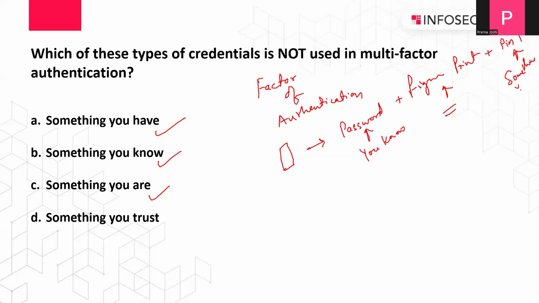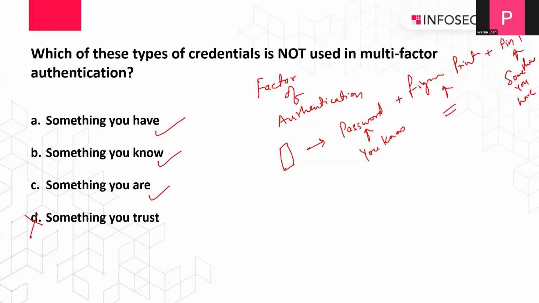So these 3 are the factors of authentication, and when you combine them, it becomes multi-factor authentication. Among these, the 4th one, something you trust, is not used for multi-factor authentication, if I say it in the correct way.